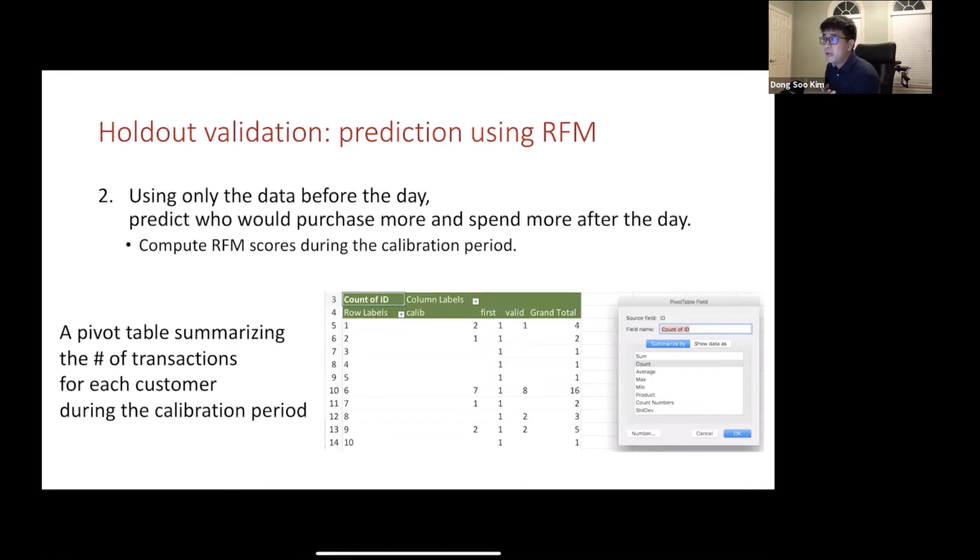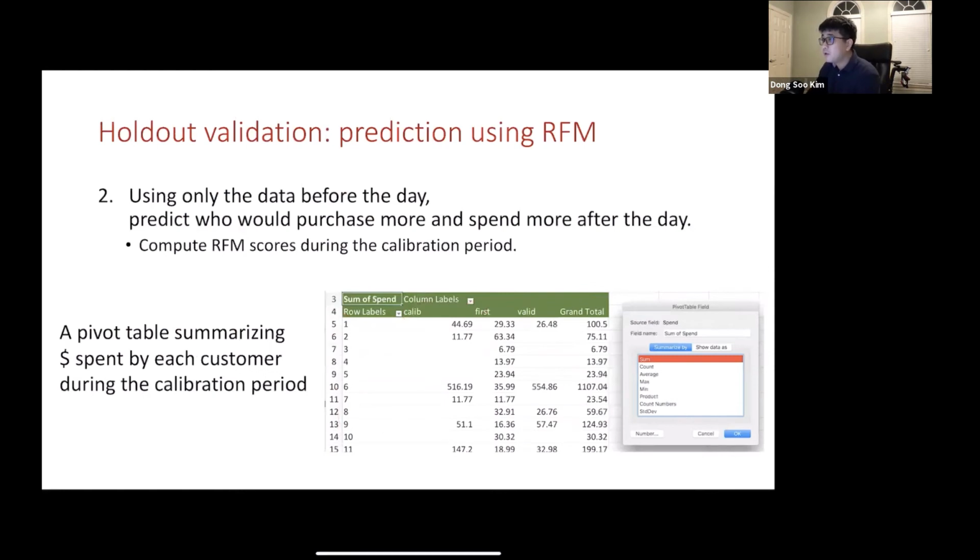The frequency metric is given by a pivot table of the number of transactions by customers. Only the transactions in the calibration period should be counted. We summarize the number of transactions by period as well as customer. The monetary value metric is also given by a pivot table. The table summarizes the net amount of dollars spent by customer and by period.